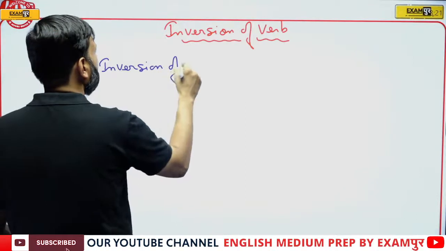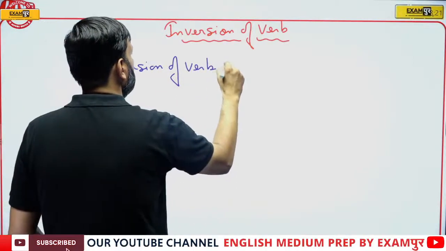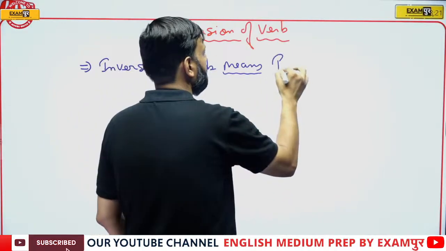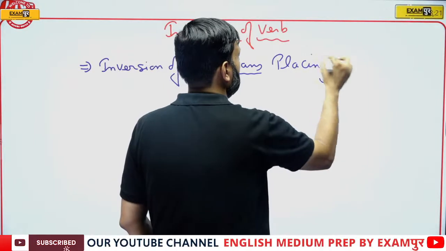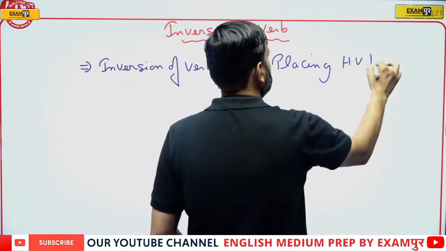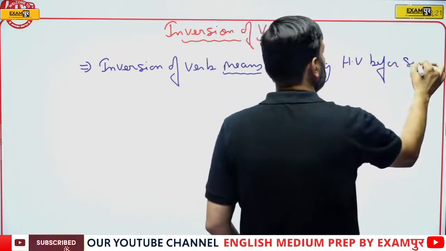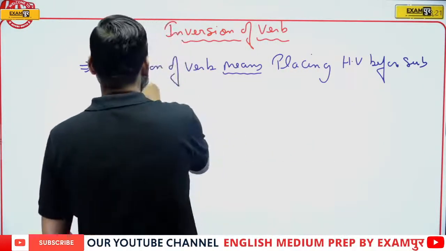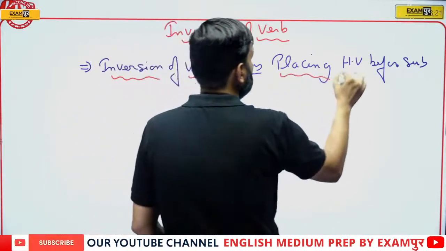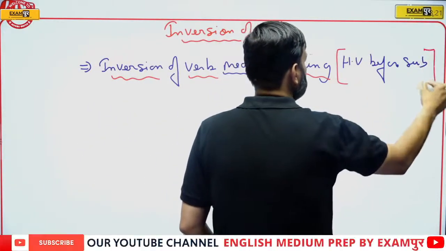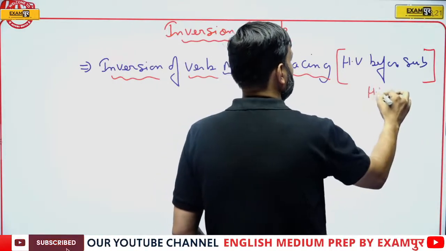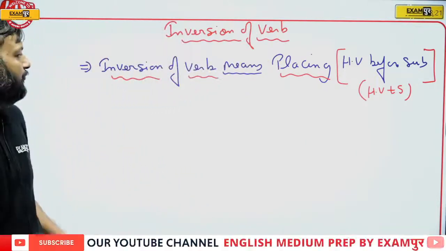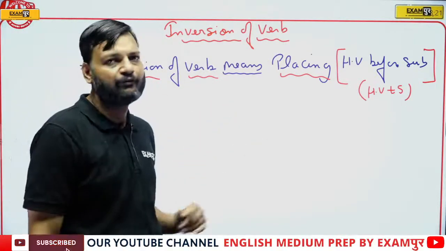Inversion of verb means placing helping verb before subject, that is helping verb plus subject. So inversion means placing a helping verb before subject.